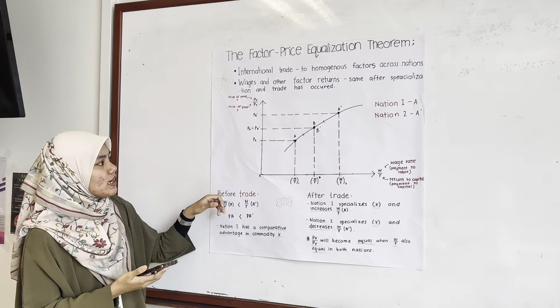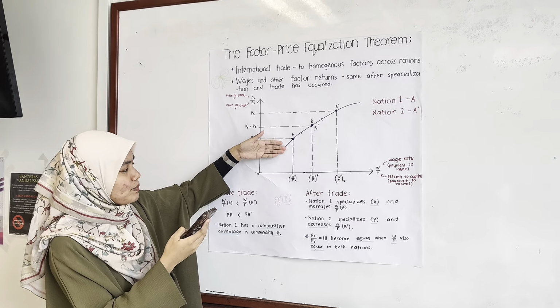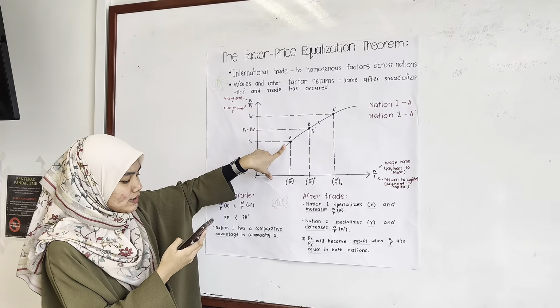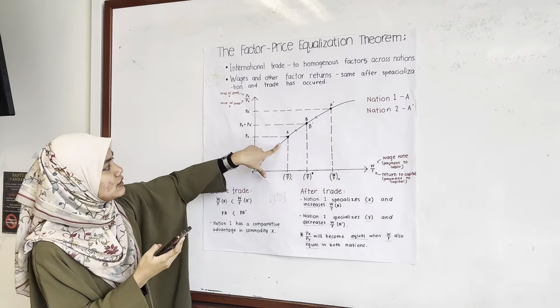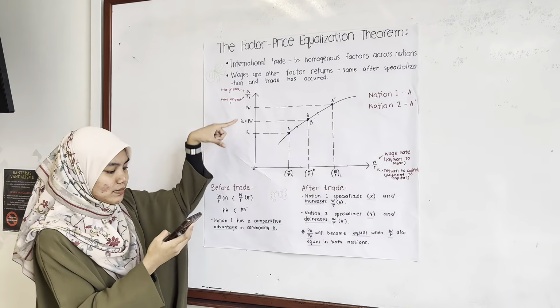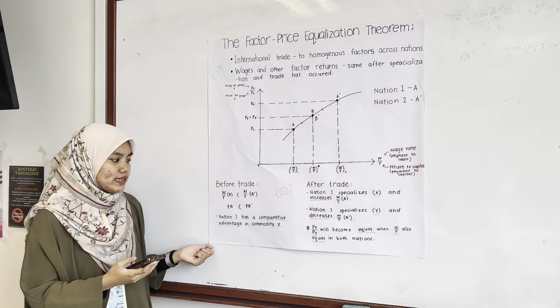Before trade, as we can see, W per R in nation 1 is lower than in nation 2, and PA is also lower than PA prime. Therefore, nation 1 has a comparative advantage in commodity X.